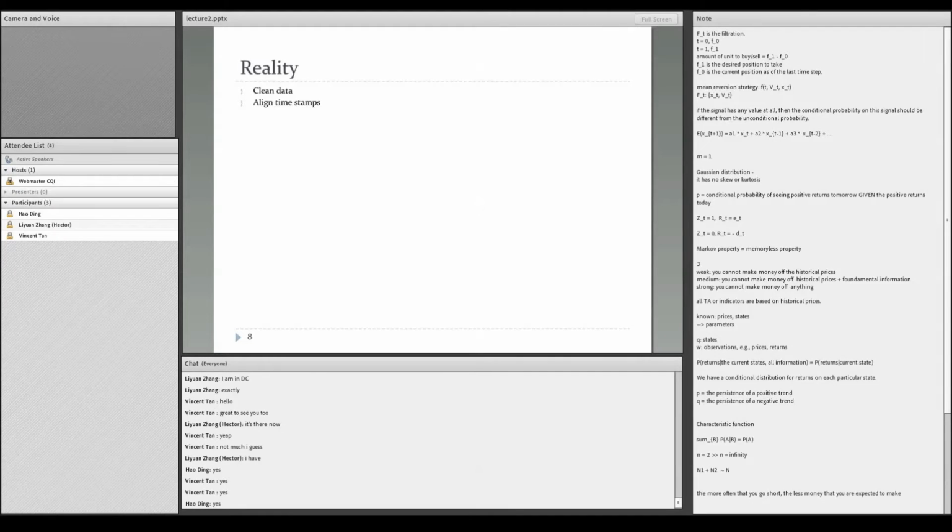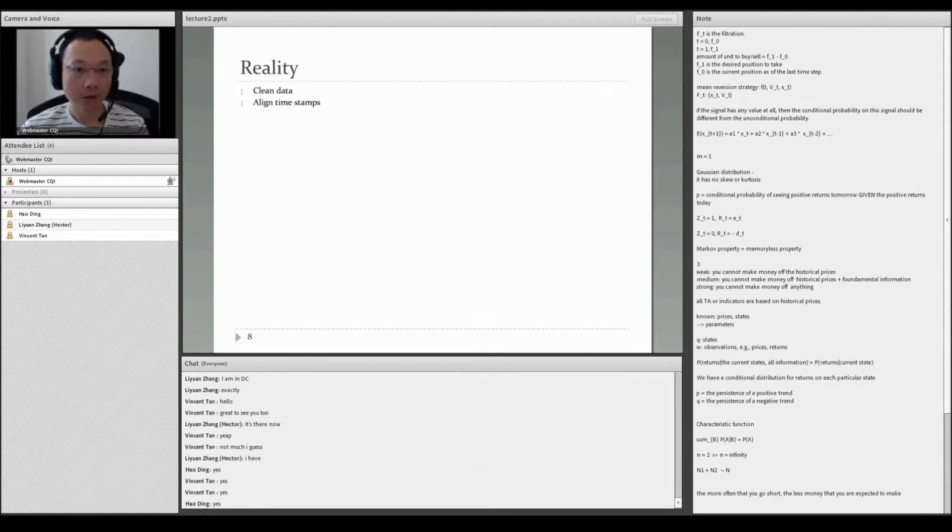Data cleaning is not easy because, especially in high frequency or intraday trading, your data sources' timestamps are unlikely to be aligned. Let's say you have two assets, x1 and x2. Let's make it even more specific. Let's say the first asset is euro dollar versus dollar yen, and you get tick by tick data from, say, Thomson Reuters.